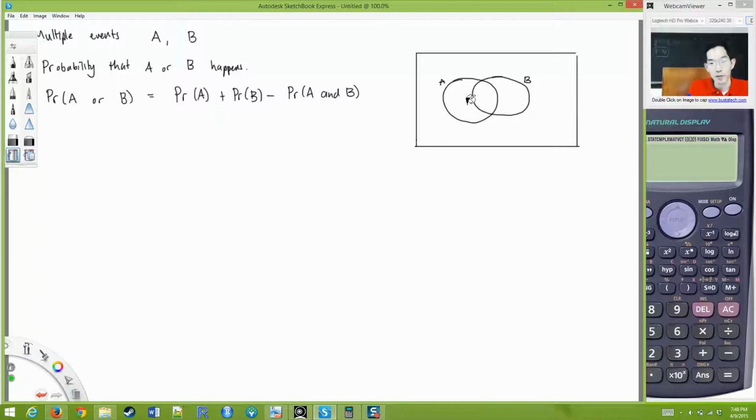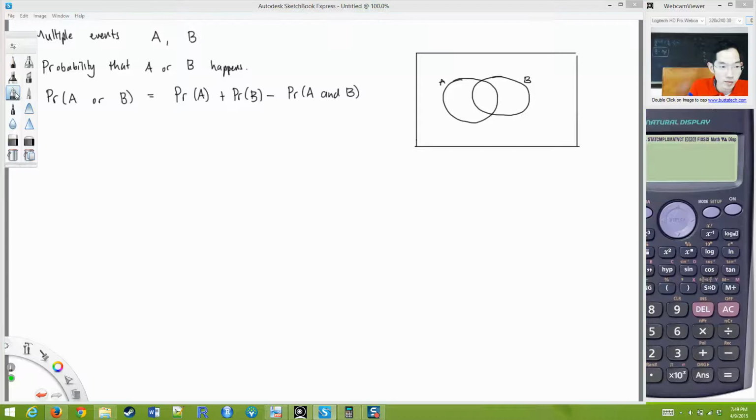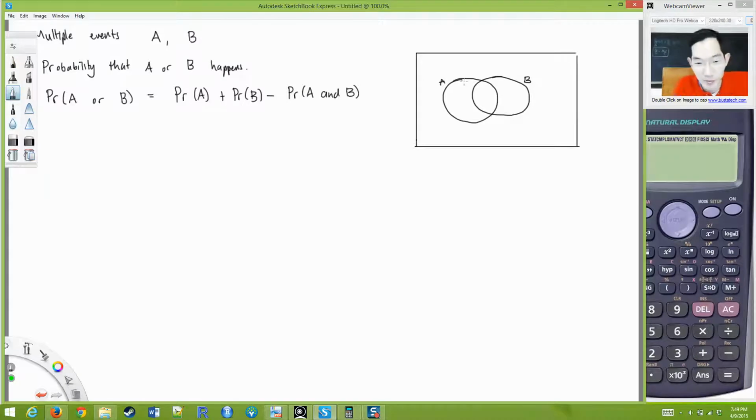So the probability of A happening is represented by the circle. So A can happen, and that's represented by the circle. And if A doesn't happen, that's outside of the circle.